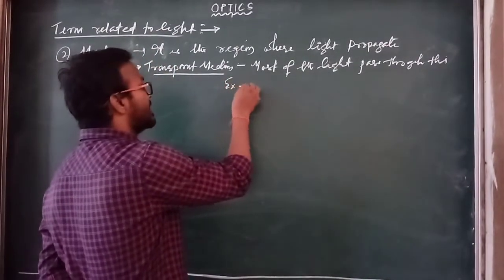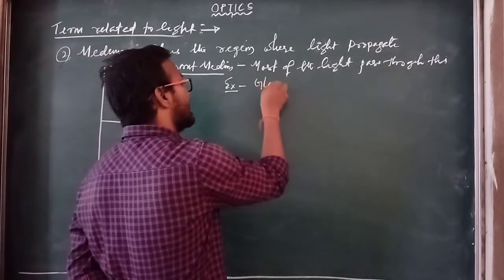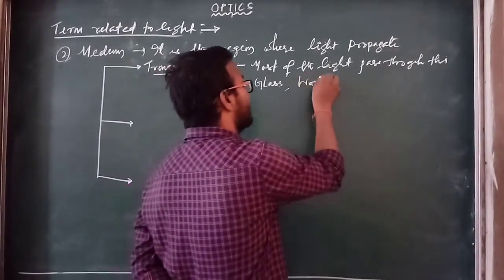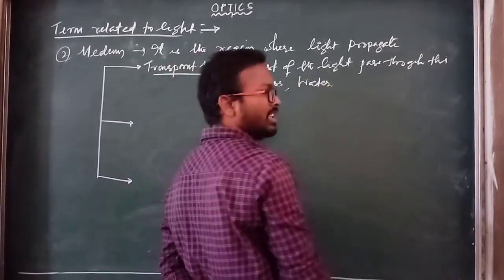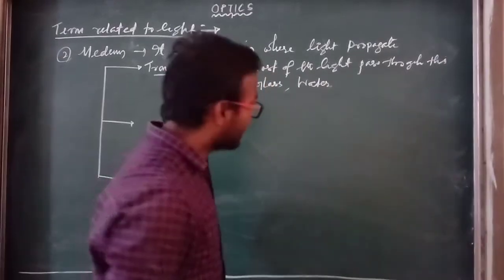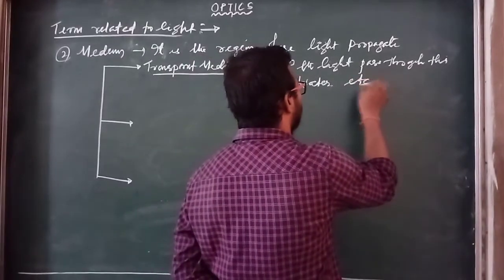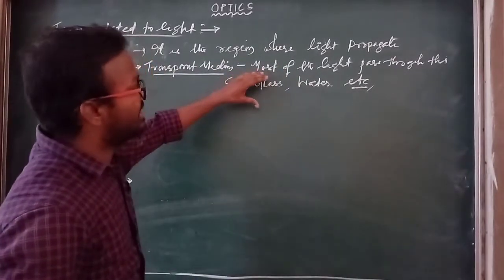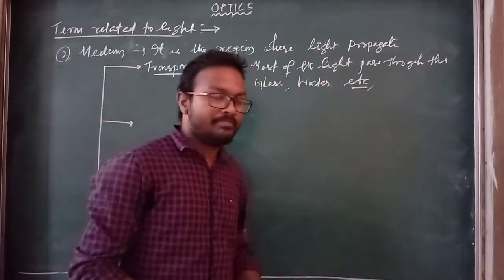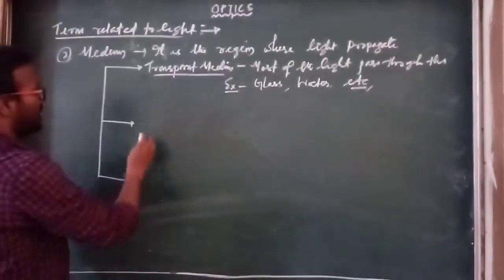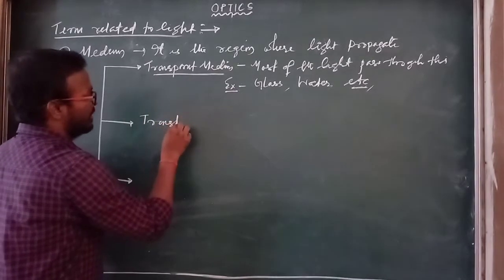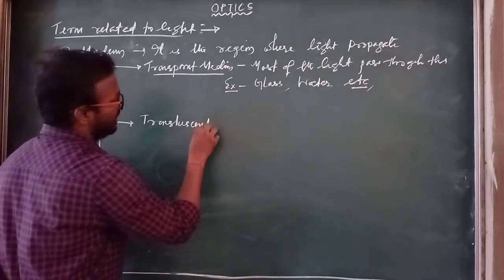Examples of transparent medium: glass is one important transparent medium, water is also a transparent medium, and air is also a transparent medium. That means maximum light travels through this medium. Next we come to translucent medium.